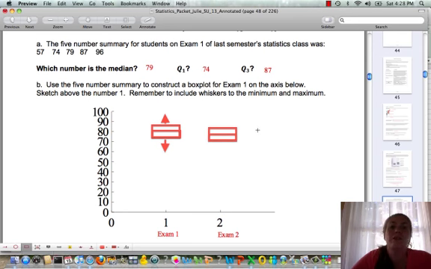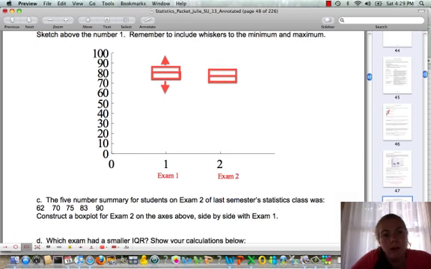Okay, so our box should look something like this, where we see that quartile 1 in this case starts lower, the median is lower, and it goes all the way up to quartile 3, which is also lower than exam 1. And then our whiskers here need to extend a little bit further out. Our lower whisker needs to go to 62 and our upper whisker to 90.